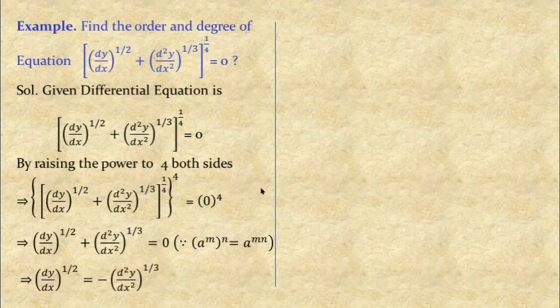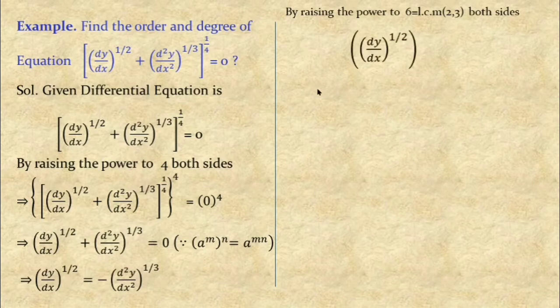Now we raise the power to 6 on both sides. Why 6? Because 6 is the LCM of 2 and 3. That's why we raise the power by 6. So we get it like this, with power 6 applied on both sides.